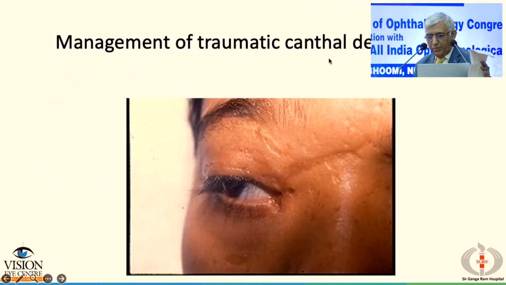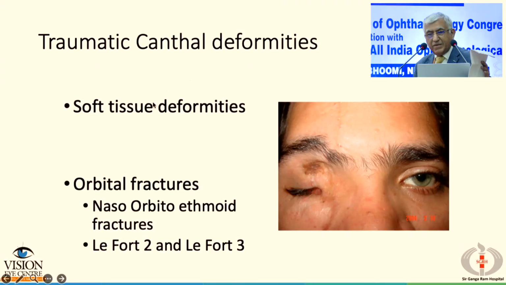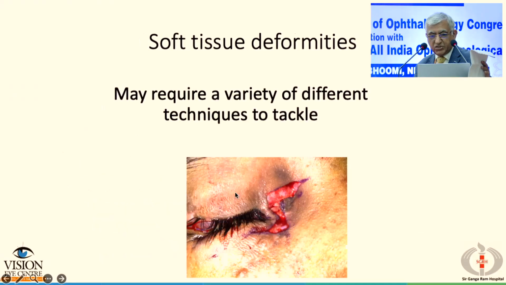But when the deformities occur, they may be either due to soft tissue injuries, which is primarily because of the ligament, or the naso-orbitoethmoid fractures. Soft tissue deformities again require a variety of techniques, like the one that we see here, a Z-plasty.